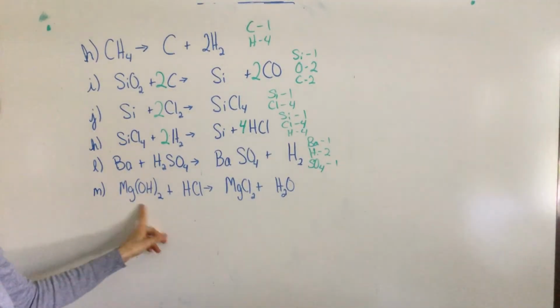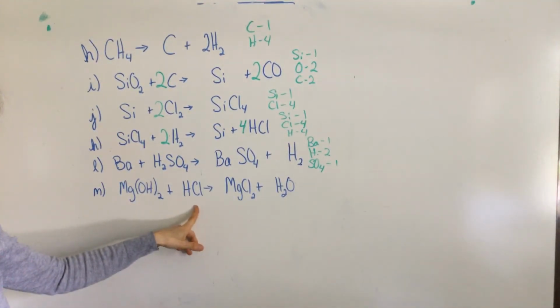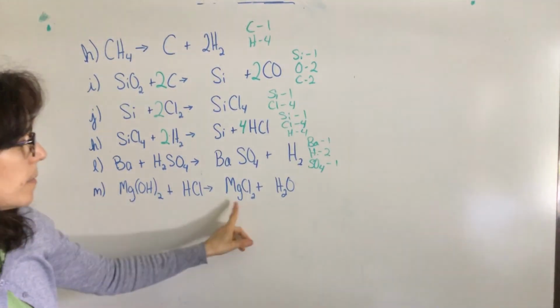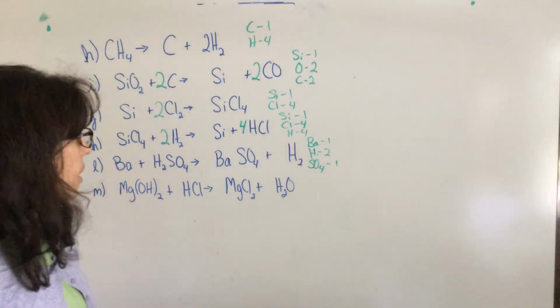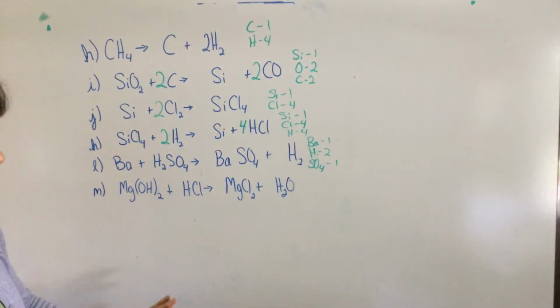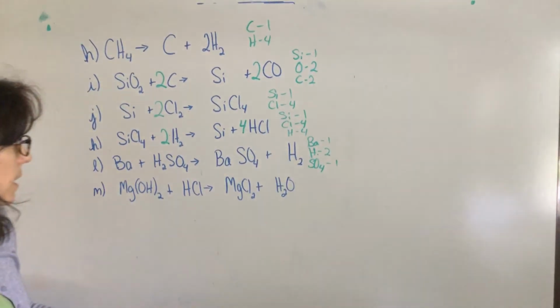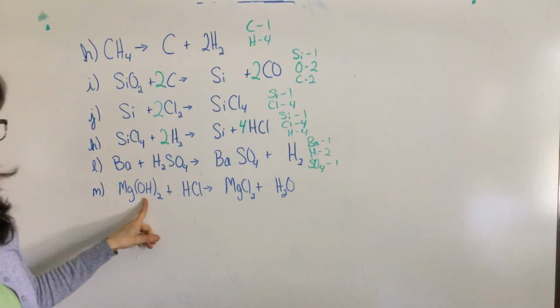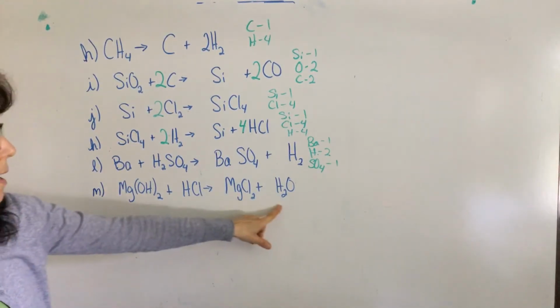All right, so now we have magnesium hydroxide plus hydrochloric acid, a good acid-base reaction, making a salt and some water. Magnesium chloride salt plus water. All right, let's take a look at some things that are out of sync here. For instance, we have 2 hydrogen plus 1 hydrogen. That's an odd number. Do we have an odd number over here?